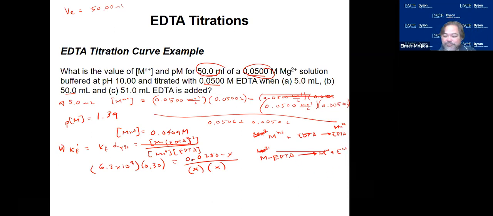So where did I get the 0.0250? Anyone? Where did I get the 0.0250?